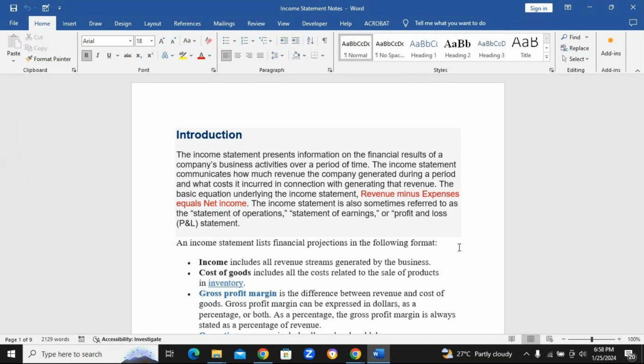It talks about the incomings and outgoings of a business. In simple terms, whatever income is happening and what expenses are happening in a business.